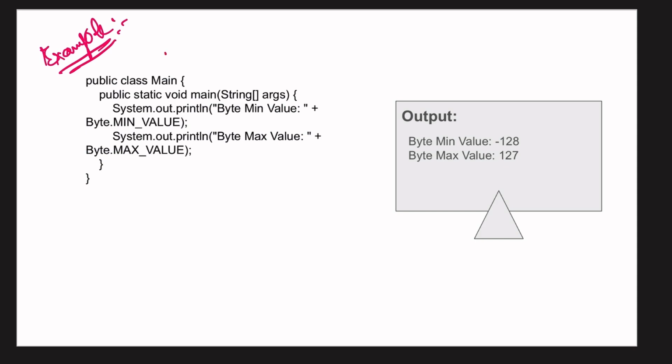Here we have a class Main, and then the main method, the entry point of our Java program, and then System.out.println, which is printing byte min value, then concatenation, then Byte.MIN_VALUE, and in another line System.out.println byte max value, then again concatenation, then Byte.MAX_VALUE.